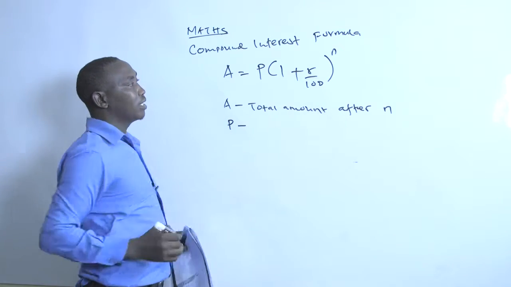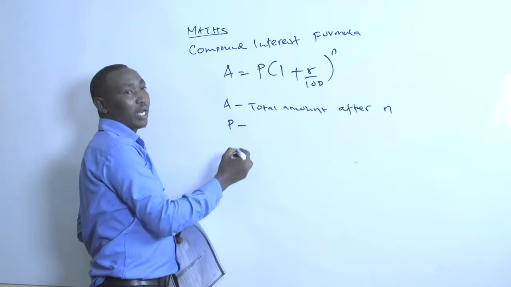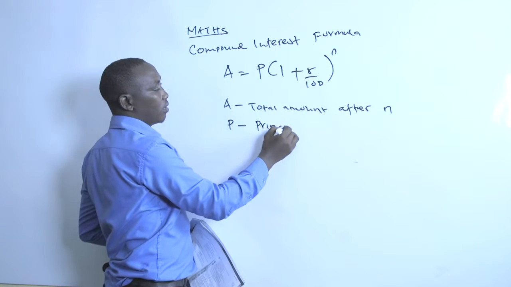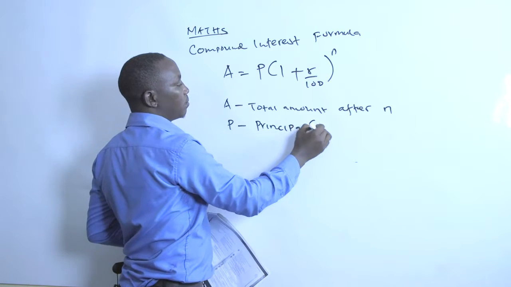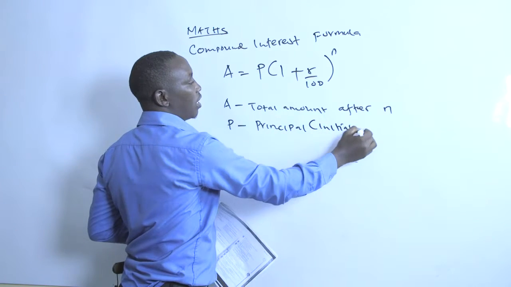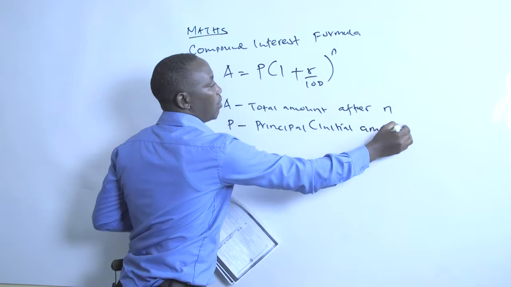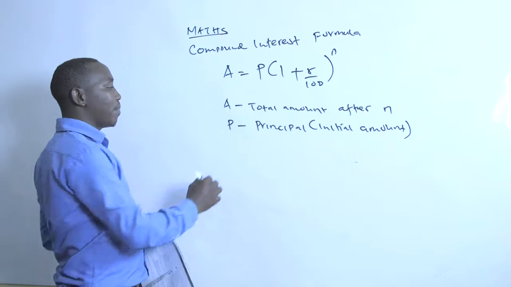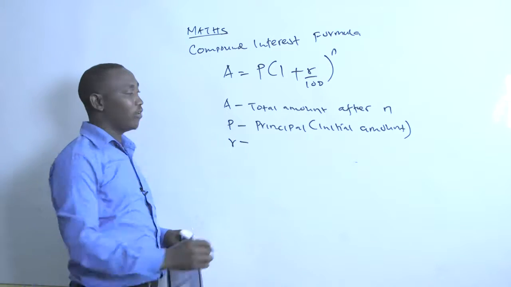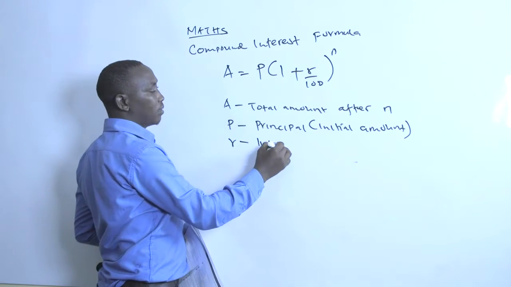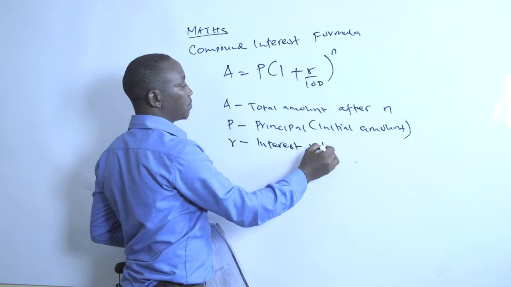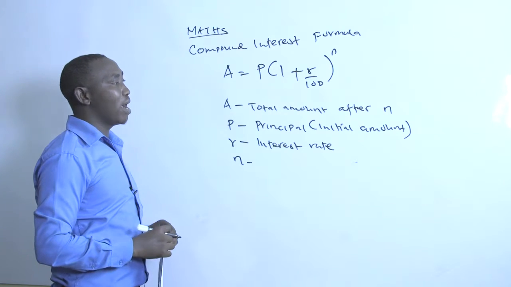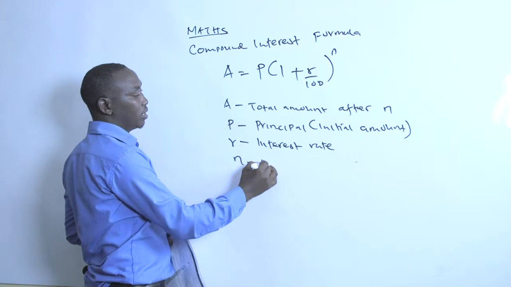P stands in for the principal or initial amount either invested or borrowed. R stands in for the interest rate, and n refers to the number of the interest periods.